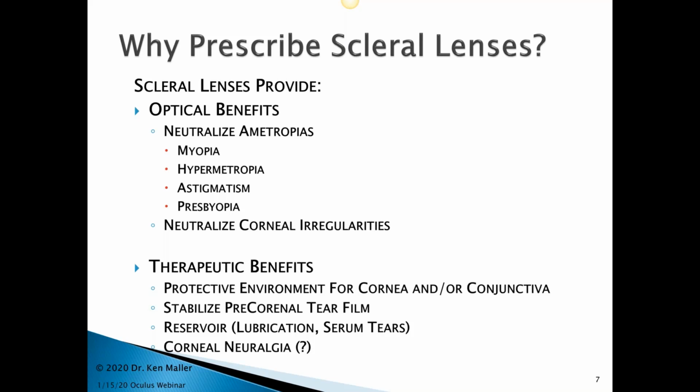Now, in the therapeutic benefits, you absolutely positively create a protective environment for the cornea and/or conjunctiva, and certainly in ocular surface disease, this is really where these people can have a sigh of relief from the symptoms that they get from these conditions. Do not take that to mean, though, that the condition is very simple to address.